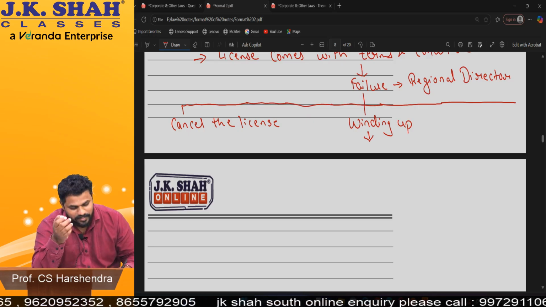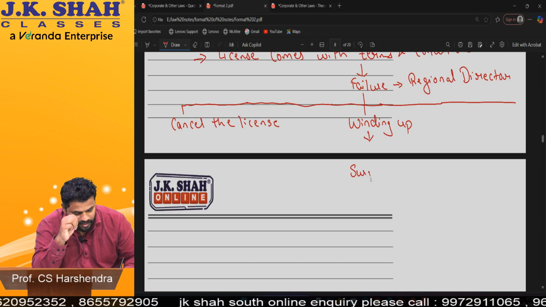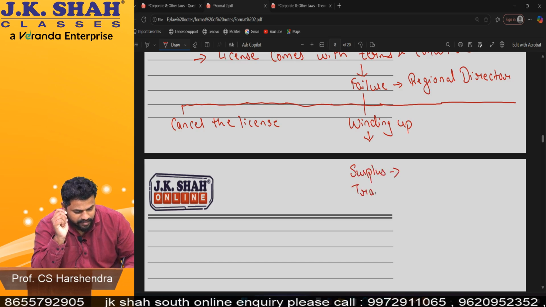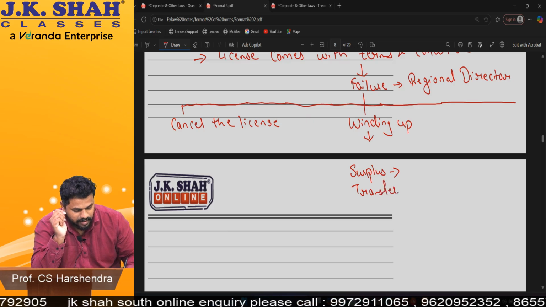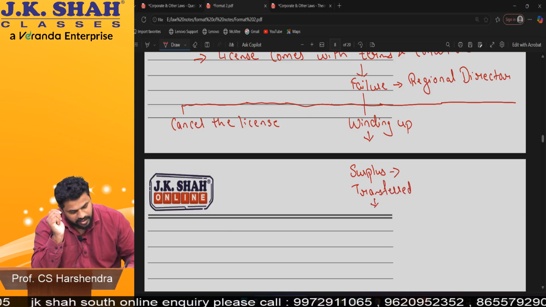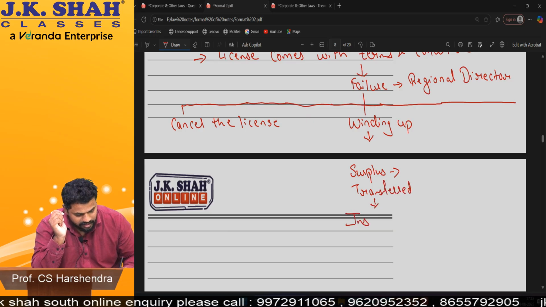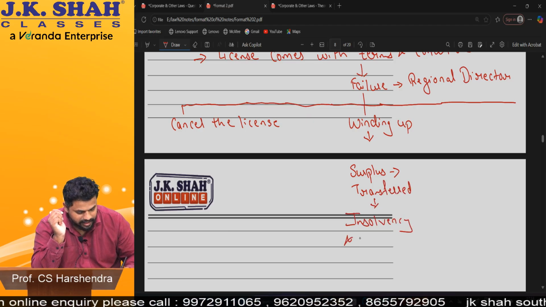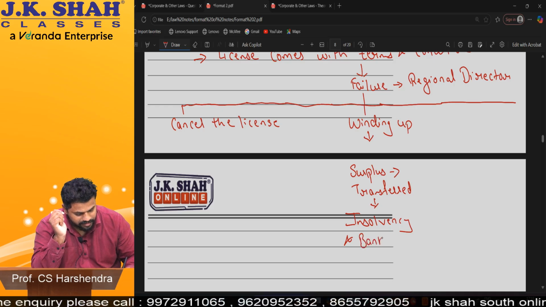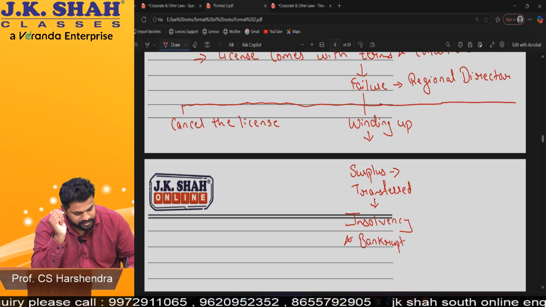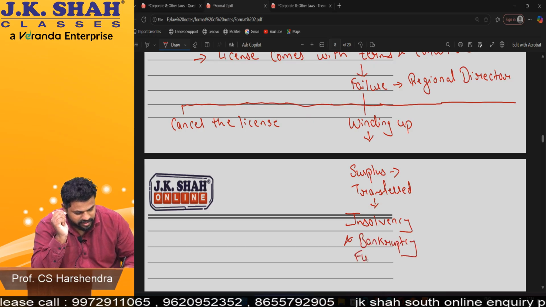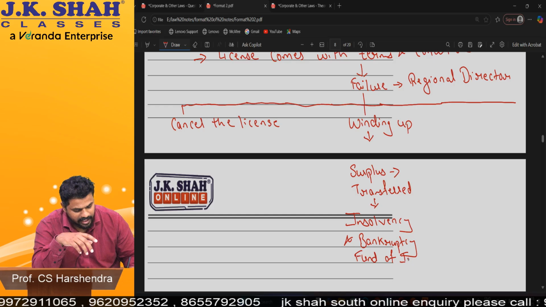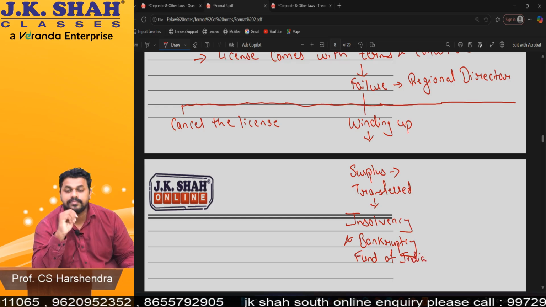So basically, the surplus will be transferred to a government fund known as the Insolvency and Bankruptcy Fund of India. Which fund, beta? Insolvency and Bankruptcy Fund of India. Here, beta, the surplus will go.